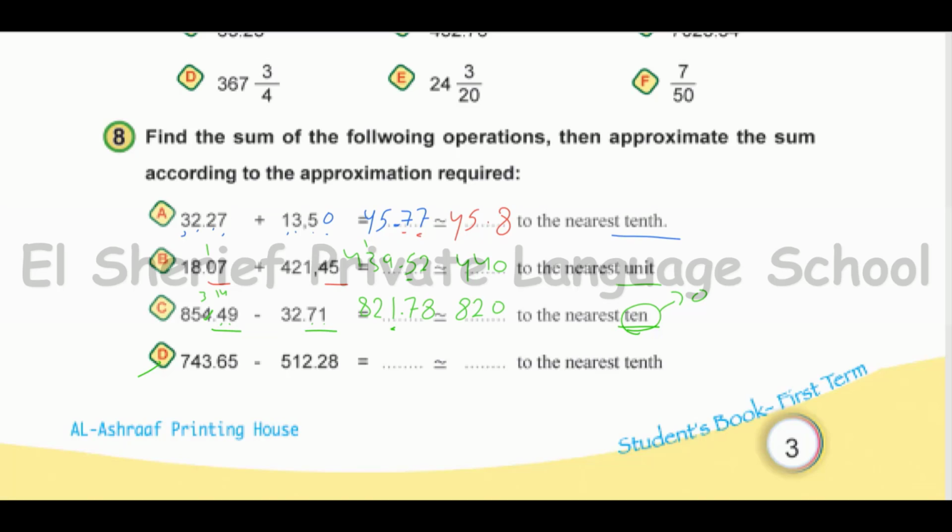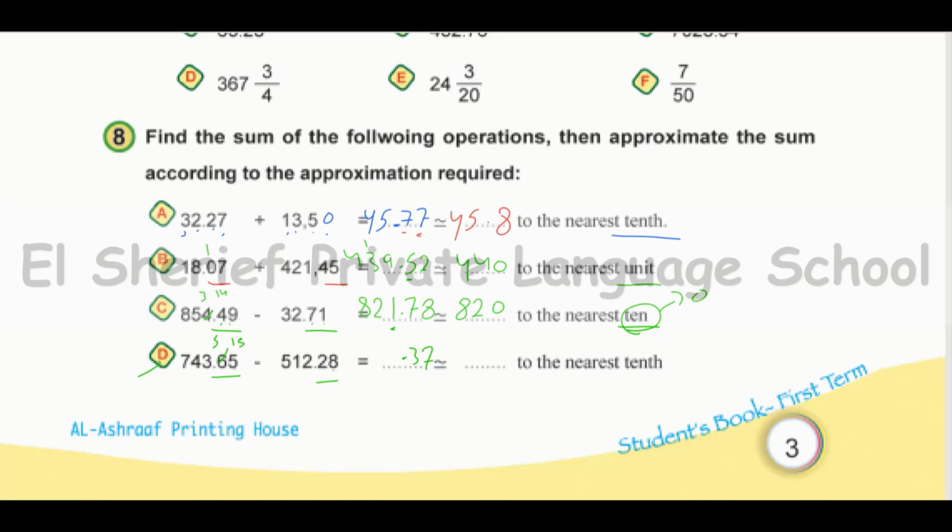Letter D. We have 2 digits in the decimal part, so we subtract. 5 minus 8, we can't, so borrow 1, 6 becomes 5, and 5 becomes 15. 15 minus 8 equals 7. 5 minus 2 equals 3.